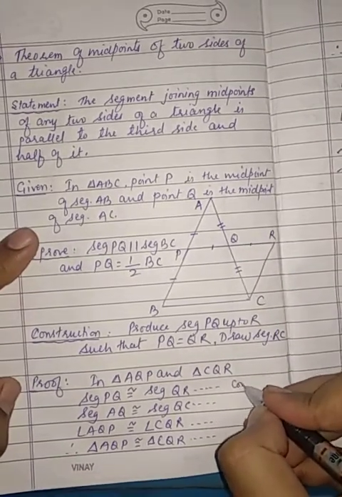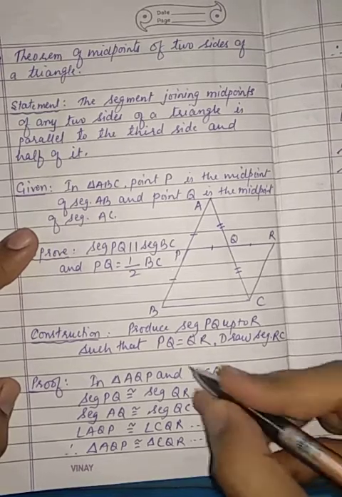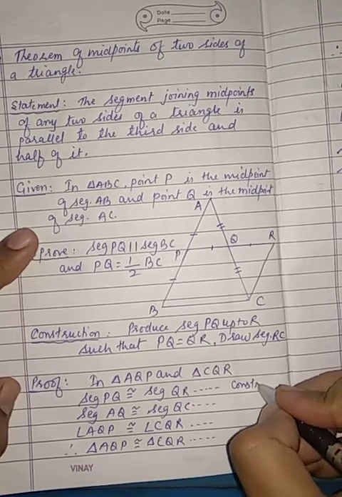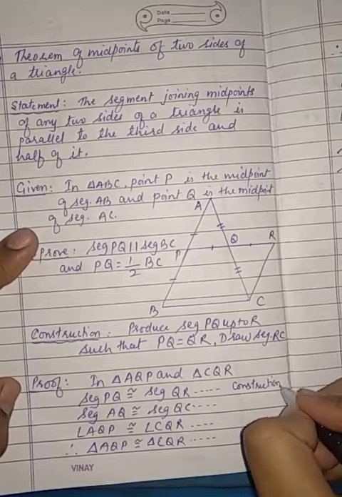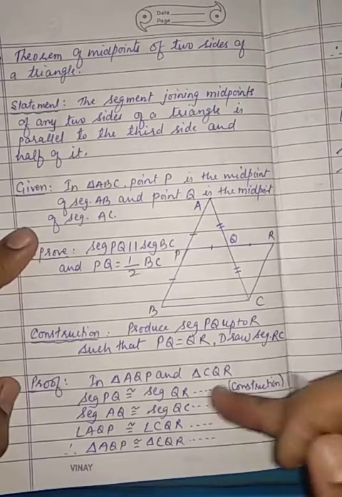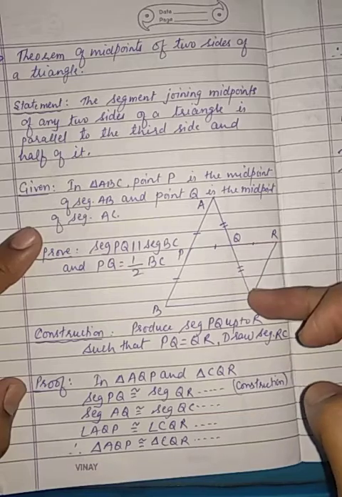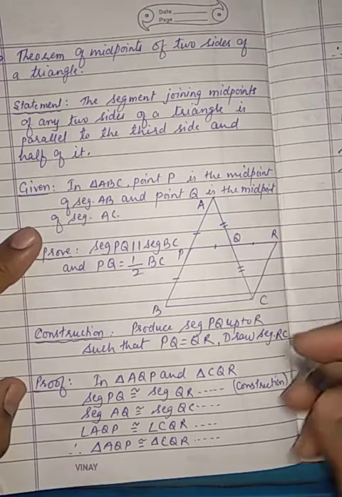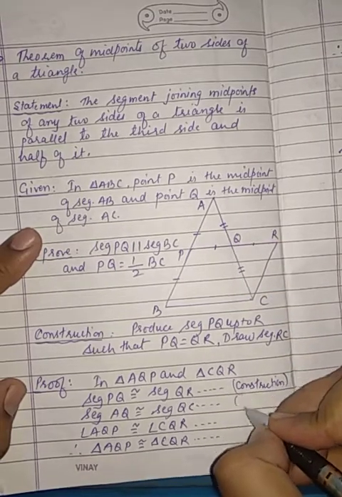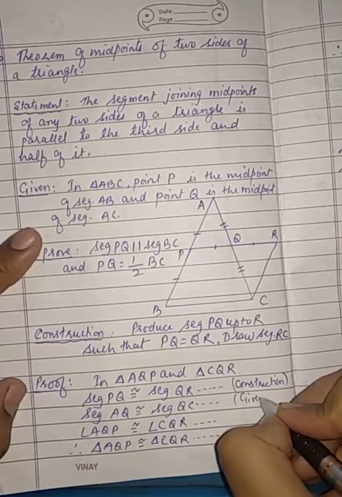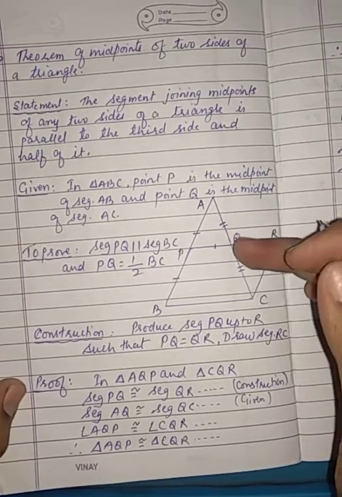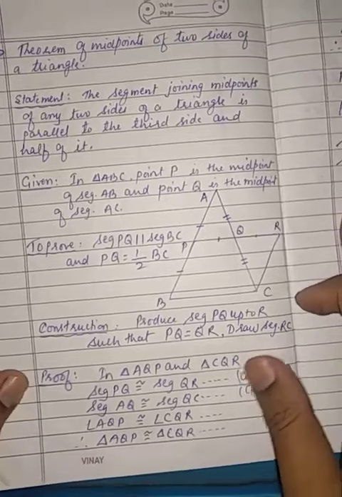It is because of construction, we have constructed it in such a way. So you will write here construction. Then AQ is congruent to QC. This is given to us, so you will write here given, because it is already given that Q is the midpoint of AC.